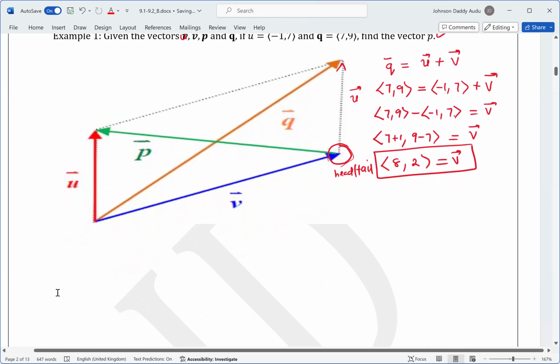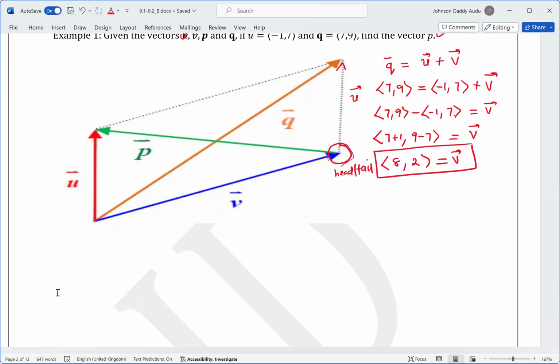Now, we can also see something here, right? We can also see that there is a tail to head arrangement. Here, actually, there are two tail to head arrangements.